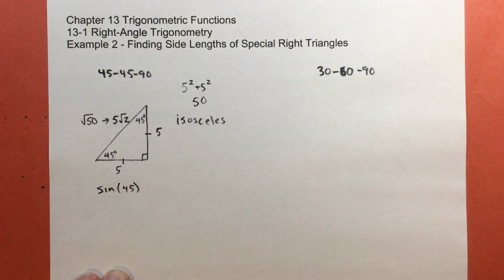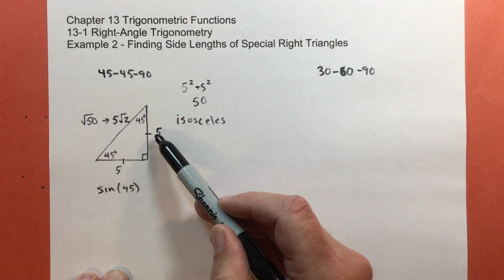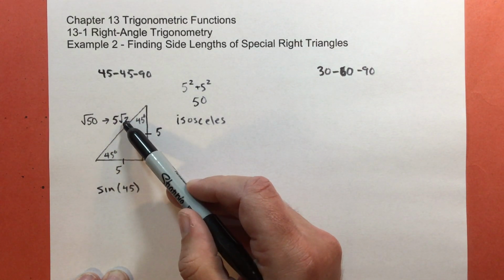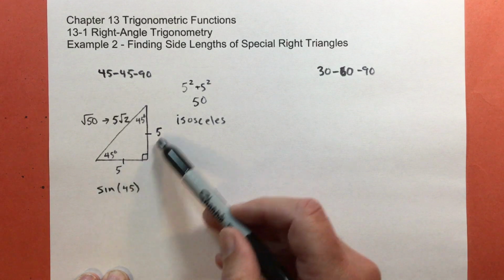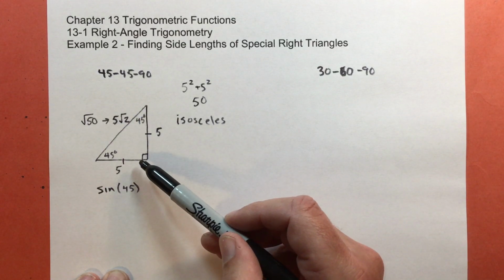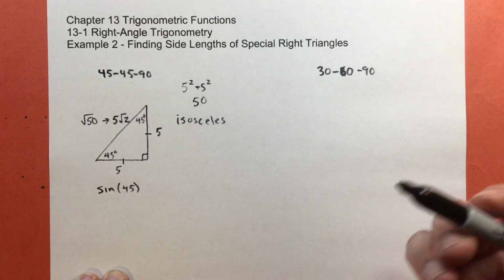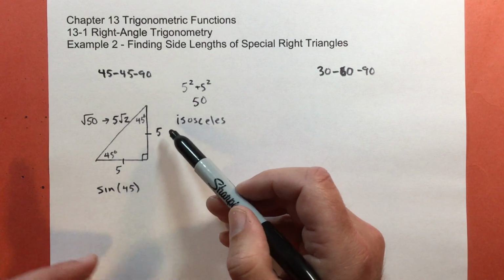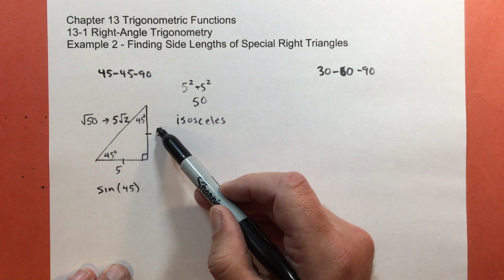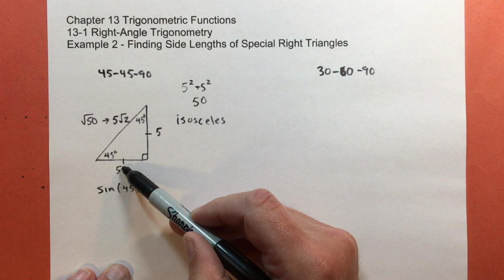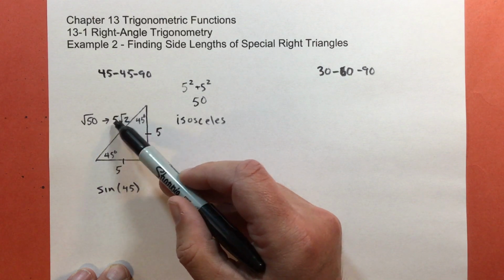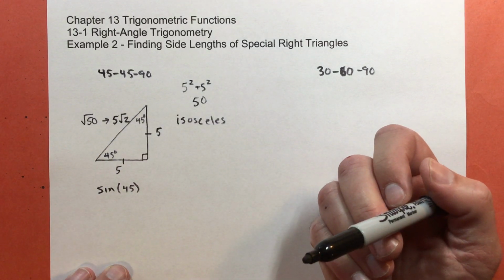And one thing about it is, notice that I've got a 5 here, a 5 here, and there's a 5 multiplied by the square root of 2. If I'd picked any other number here, I would have got the same thing. What if I'd said just 1? This would have been 1. This also would have been 1. And this would have been 1 times the square root of 2, or just the square root of 2.